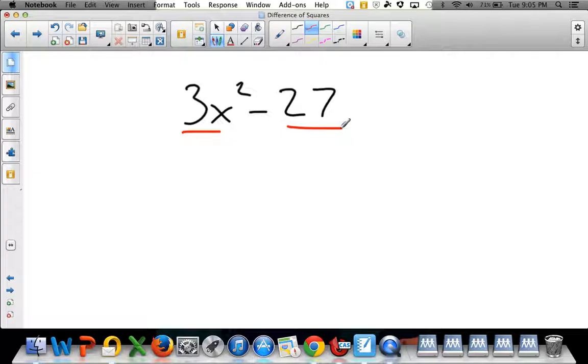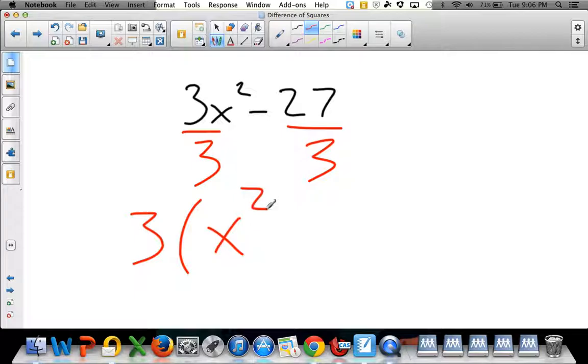I see that 3 and 27 are both factorable by 3. So I'm going to factor out a greatest common factor of 3 between the two terms. That gives me 3 times 3 divided by 3 is 1, and I'm left with x squared. Keep my sign. 27 divided by 3 is 9.